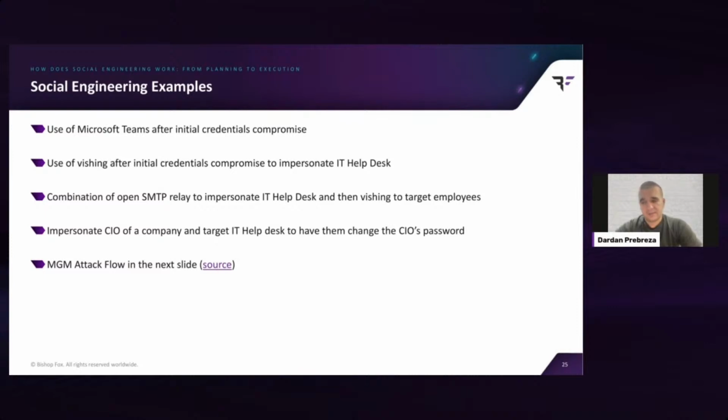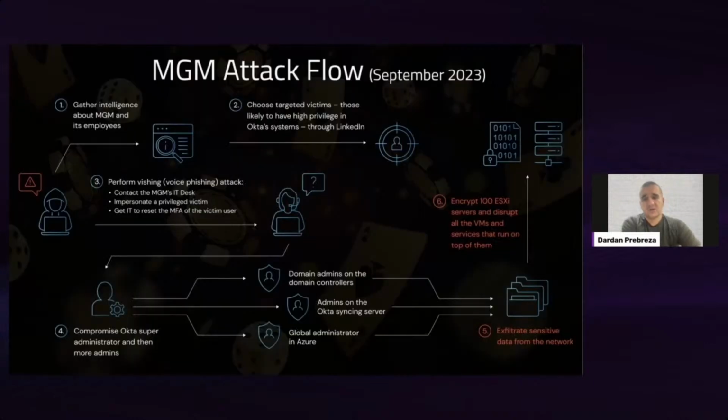And the last one is the MGM attack flow. As I said earlier, this is a chart provided by CyberArk. Basically, what the attackers did is what we actually do for legitimate social engineering and red teaming exercises. So the attackers started gathering intelligence about MGM and their employees.